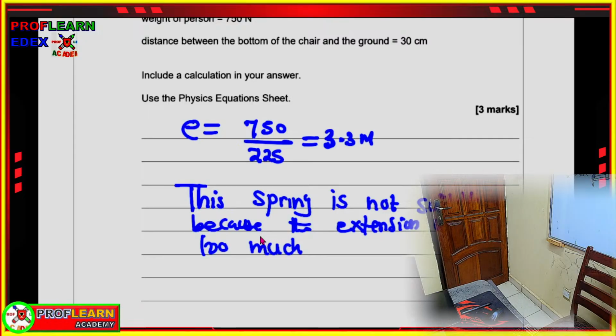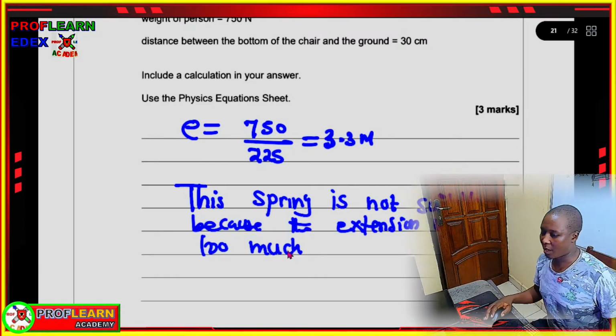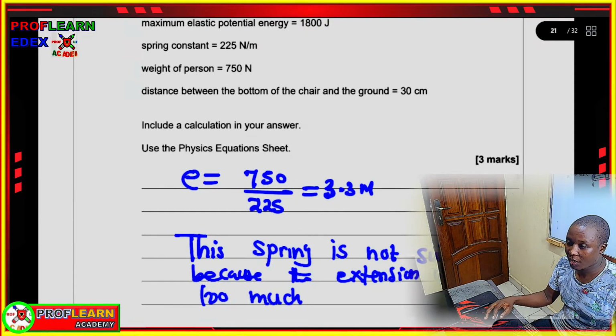So they have to ensure they use a spring which has a larger spring constant, so that it can withstand the force without stretching more.